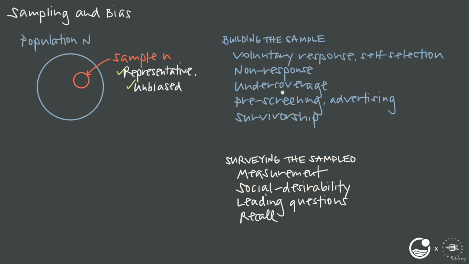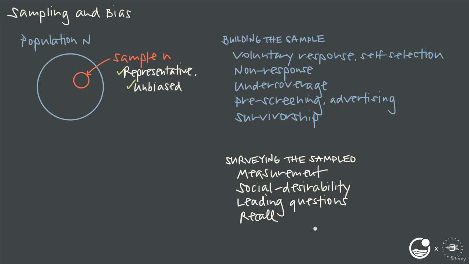Now, just like these biases we talked about for building the sample, this is certainly not an exhaustive list of biases that we can introduce when we're actually surveying the members of our sample, but it gives you an idea of some of the things that we want to be aware of. And to summarize, like the idea that we talked about before, the goal here is not to perfectly eliminate every kind of possible bias.